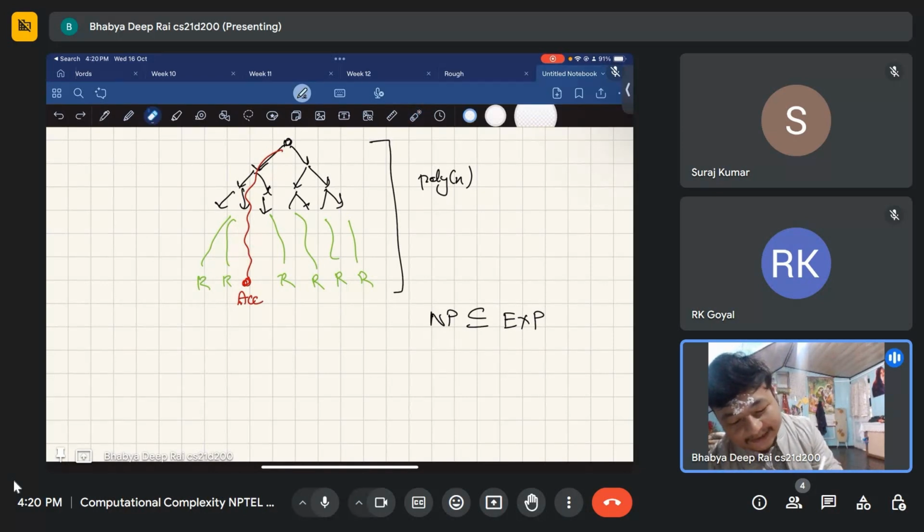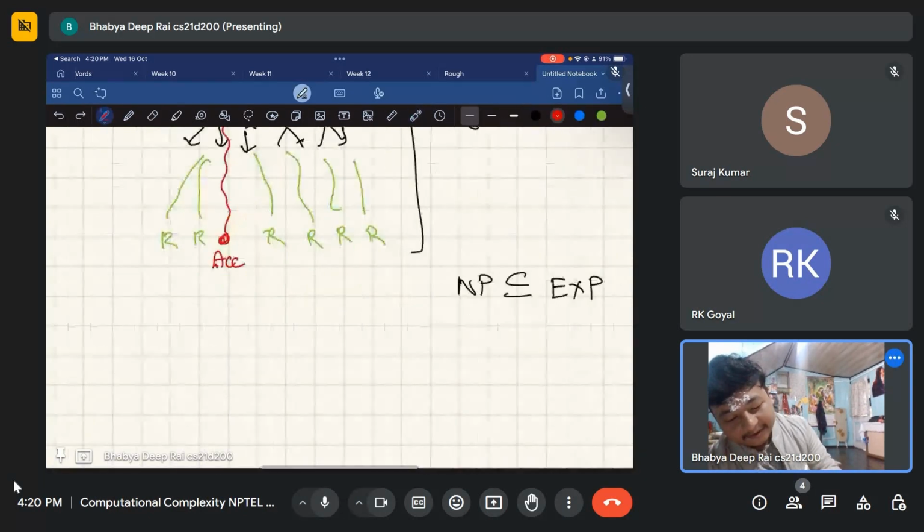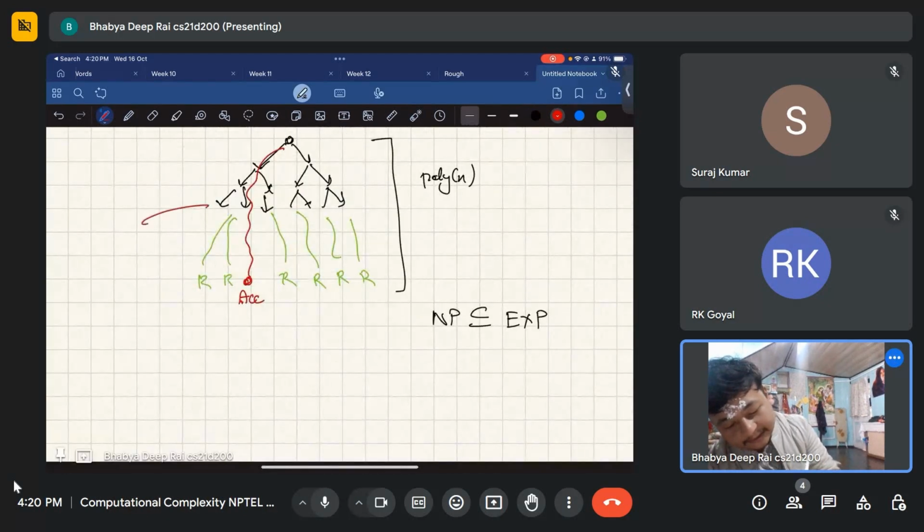This accepting path can be thought of as a certificate. Getting it? And so now there is a definition.